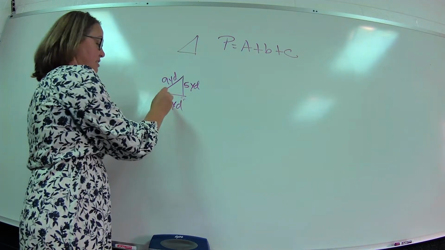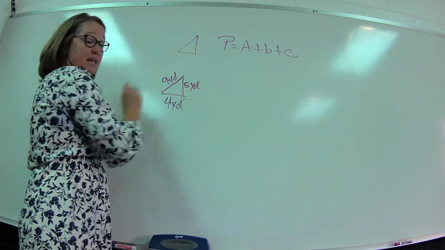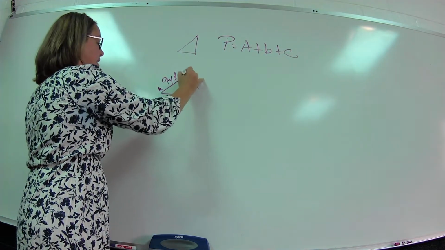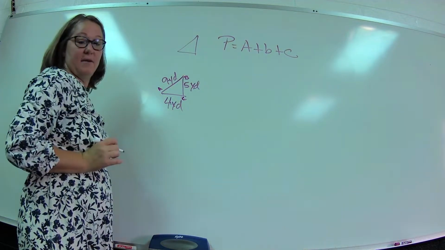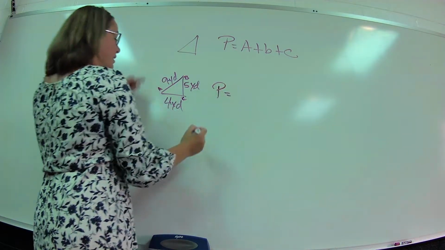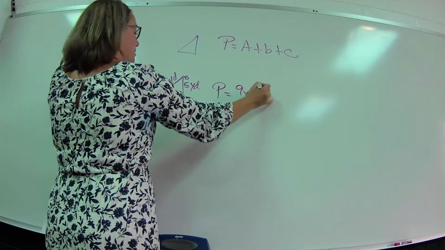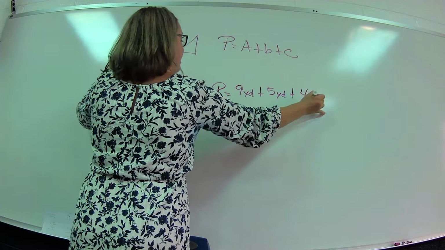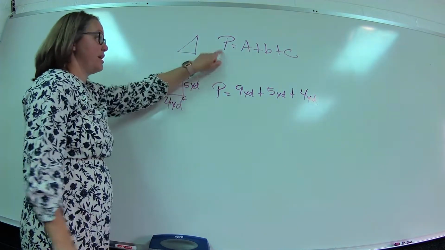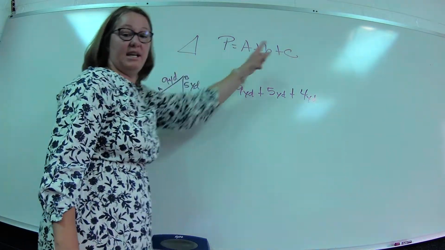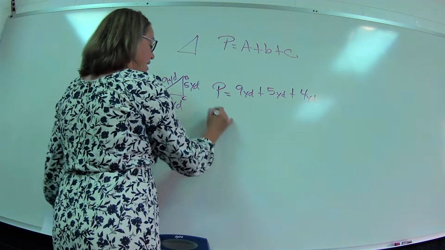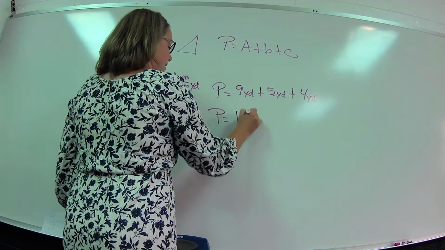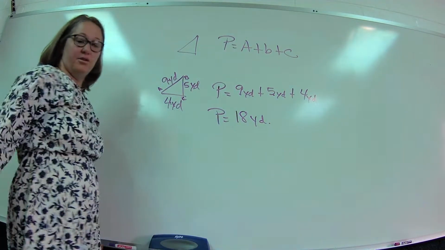All right, this can be A, B, C. This can be A, B, C. If it's not labeled for you, just with measurements. But let's say I measure this A, B, C. All right, so we're going to go P equals 9 yards plus 5 yards plus 4 yards. Formula, P equals A plus B plus C. Plugged in my values. Now I can solve. 9 plus 5 plus 4 gives me 18 yards.